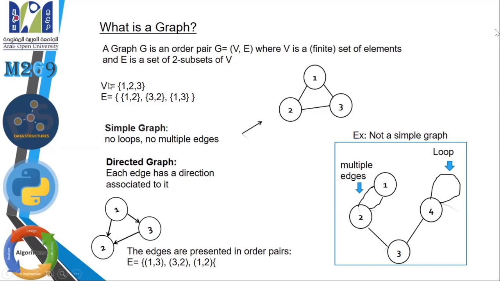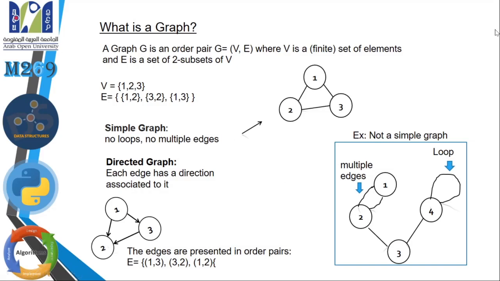Those are the V. Now, what is the relation between them? We have a relation between 1 and 2, 3 and 2, 1 and 3. It doesn't matter whether it is 2 and 3 or 3 and 2. That's the starting of that.